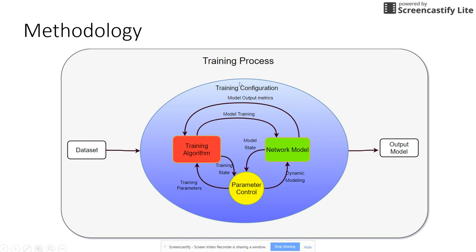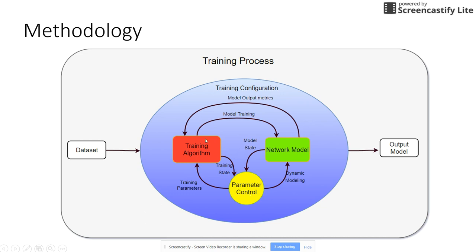The training process overview is present here. We get a data set and we get an output model, and in between we have a training configuration. The training configuration consists of three more components. The first one is a training algorithm, the second one is the network model, and the third is parameter control.